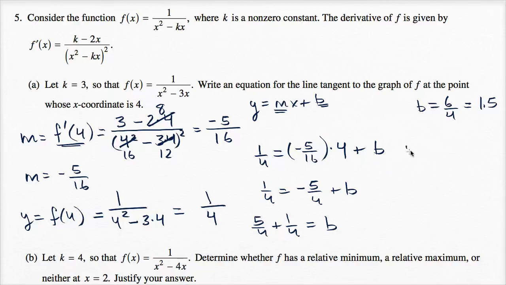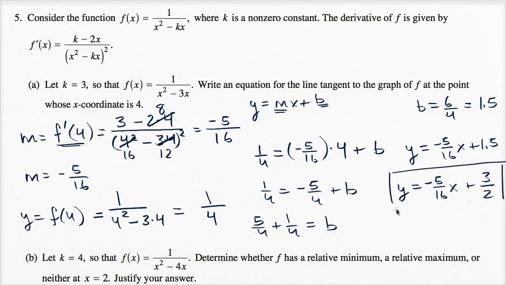And so our equation is y is equal to negative 5 over 16 x plus 1.5. Or if we wanted to write everything as a fraction, we could say y is equal to negative 5 over 16 x plus 3/2. 6/4 is the same thing as 3 halves. And there you go.